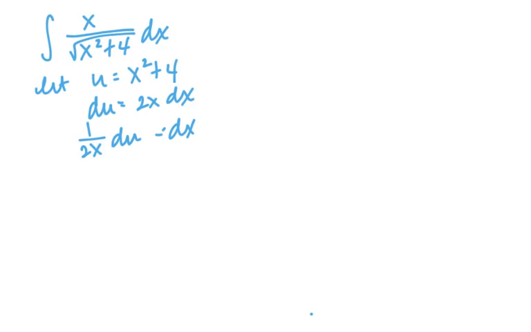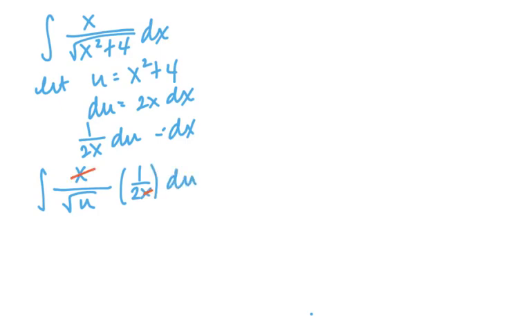You don't have to write it out every time. You have to think about it in your head. But if I had an x squared in the numerator, it wouldn't work. That's where it is going to fail. So in this problem, we have x over the square root of u, and dx is 1 over 2x du.